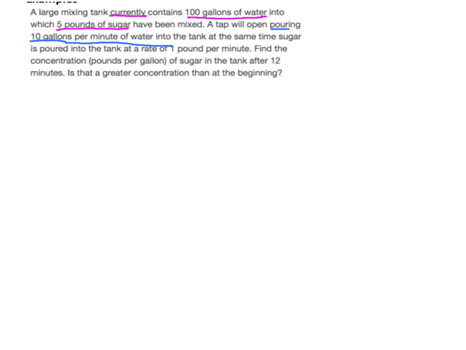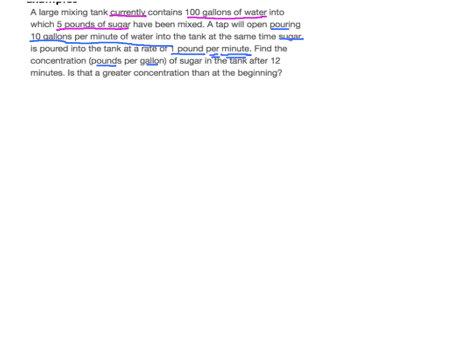If a tap that is opened pours 10 gallons per minute of water into the tank, while at the same time pouring 1 pound of sugar into the tank per minute. It says to find the concentration, pounds per gallon, of sugar in the tank after 12 minutes. And then is there a greater concentration than at the beginning, what we started out with?